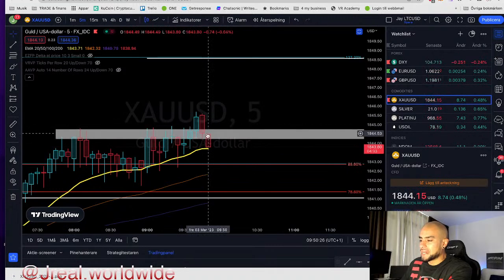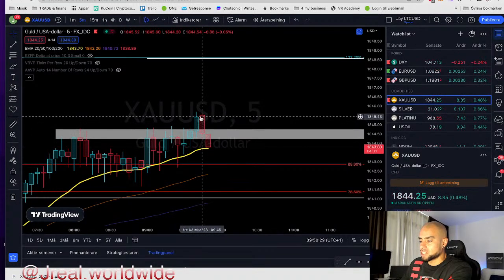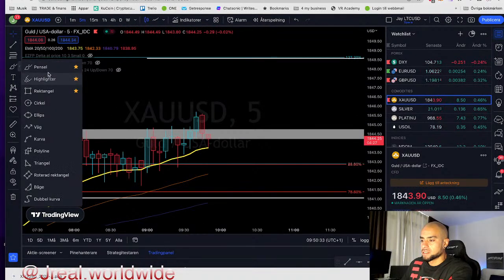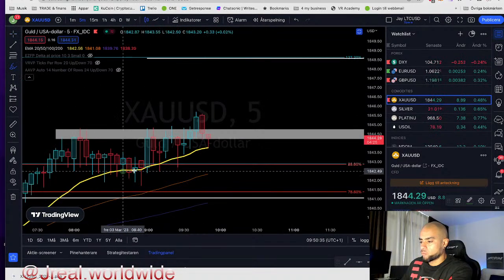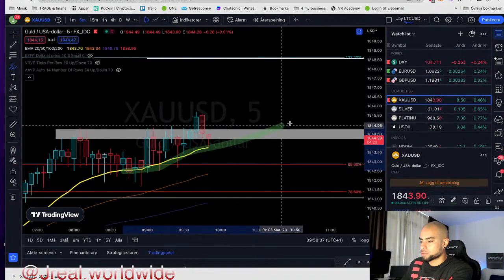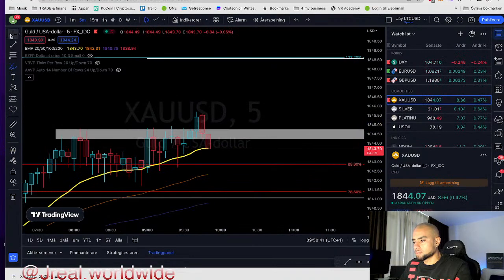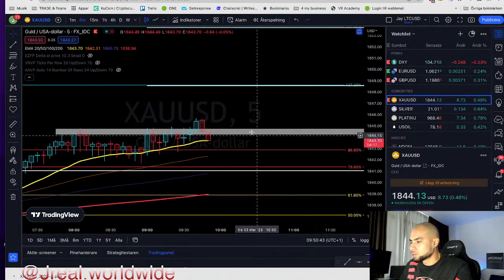But in the last 3 seconds, it just pushed down, and this happened. So now we are testing the 20-day EMA as support. Let's watch it hold.